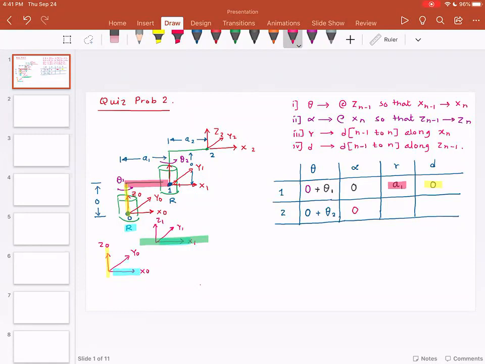Now R is the distance between frame number 1 and frame number 2 along x2. So this distance is going to be a2. And please note, d is the distance along z1, but that distance is 0, because that is where the robot is. So with this, you have your DH parameter table.